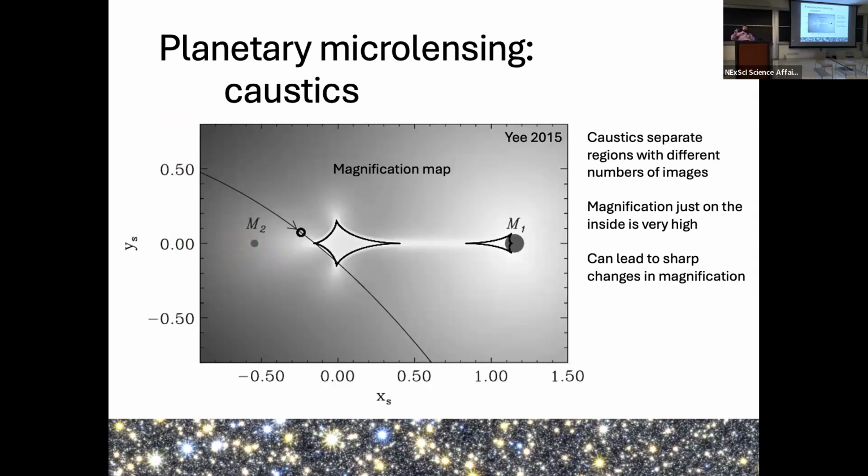And so when you produce those two extra images, you get a jump in brightness. And that can lead to interesting light curves that have a very rich set of features. Even if you're not directly crossing the caustics, nearby the caustics, you'll have regions of enhanced magnification, which will shape the light curve that you get.